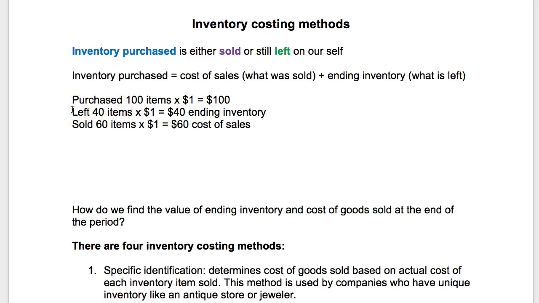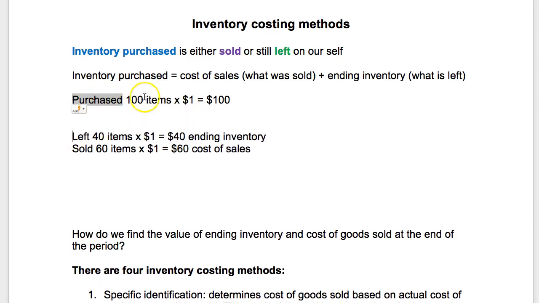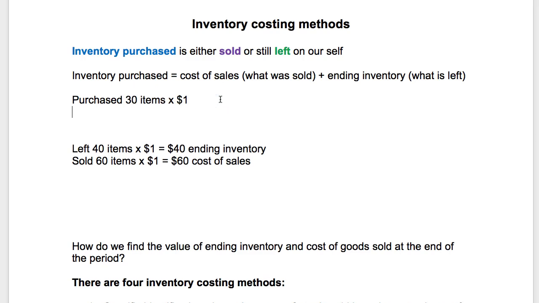Let's have a look at what happens in a slightly more complicated situation. When I purchased the inventory, I didn't buy them all at once. I bought 30 items for $1, and then I bought another 70 items, and this time when I bought them, the price had increased, and now it's $1.10 each.